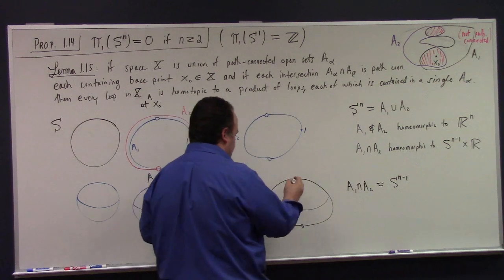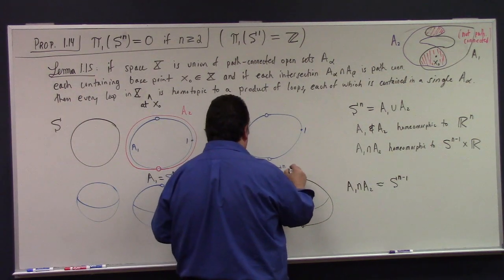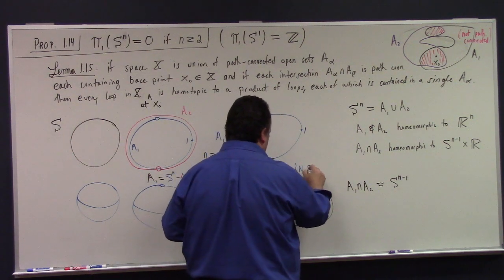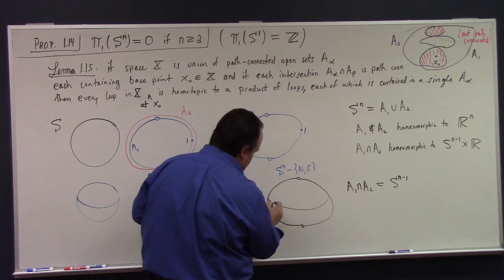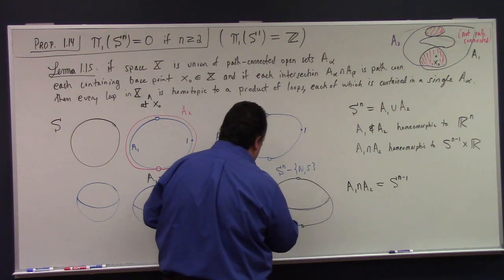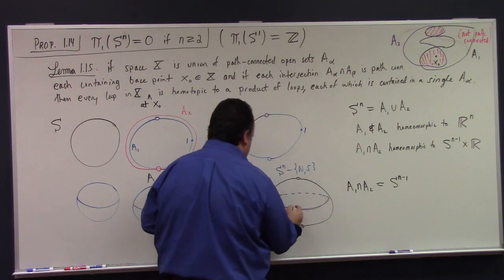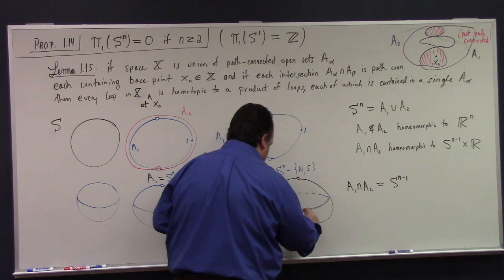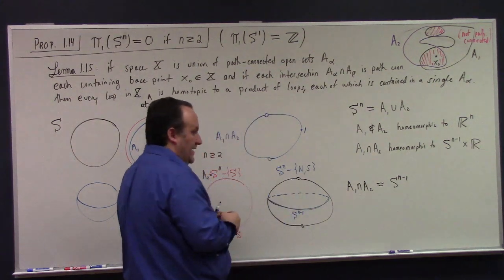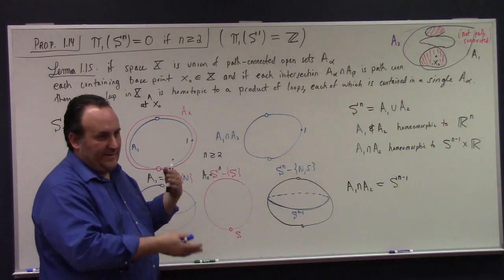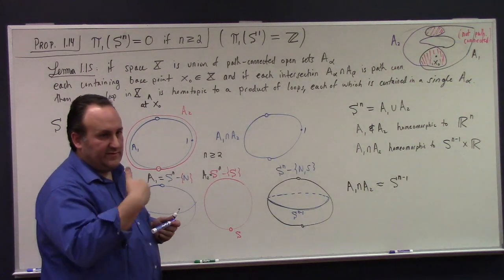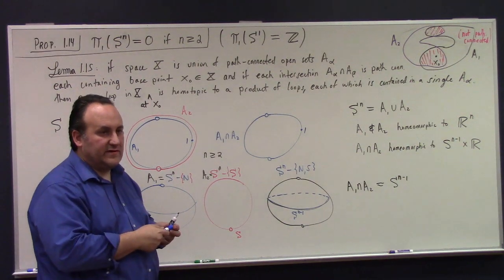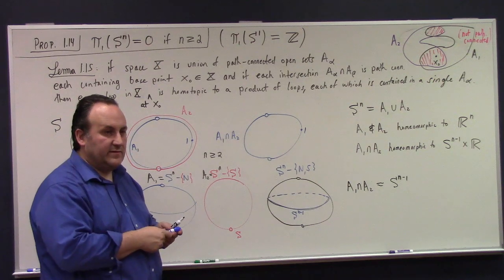This picture is Sn minus the north and south poles. But in this picture, the equatorial quote-unquote circle is actually Sn minus 1 in the natural identification. You're just freezing out that last Cartesian coordinate, and it still leaves you a sum of the squares of the remaining coordinates equal to 1, which is the n minus 1 sphere.